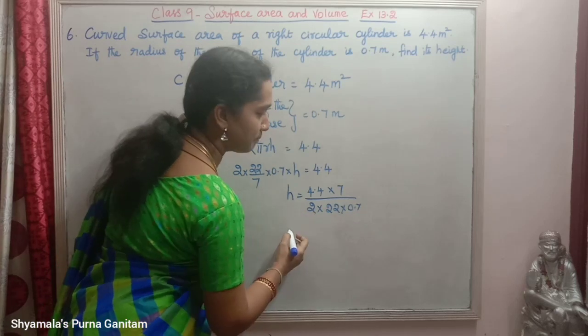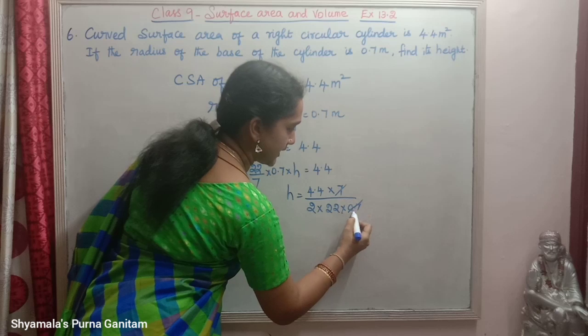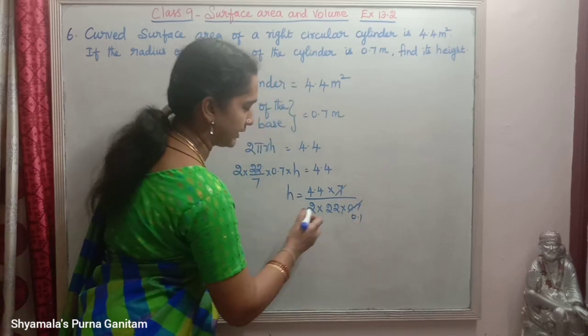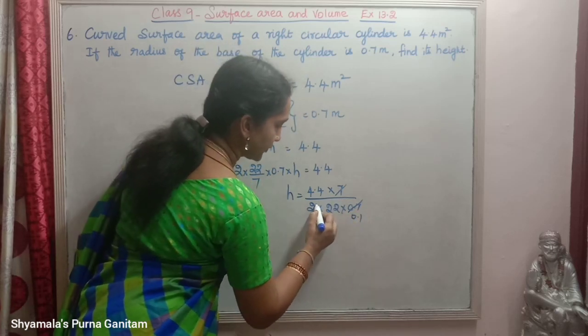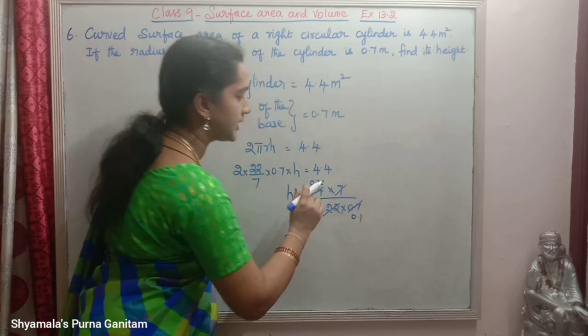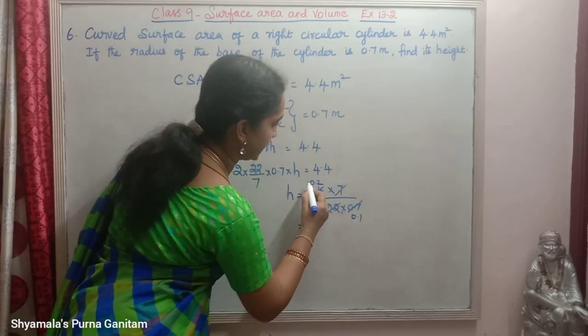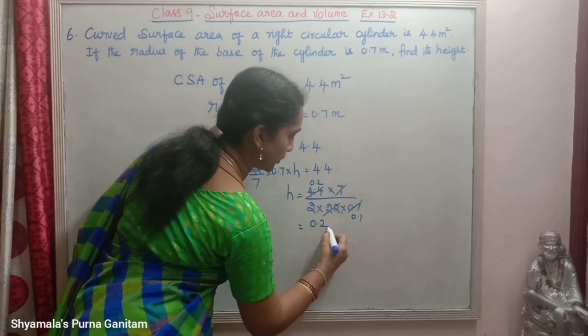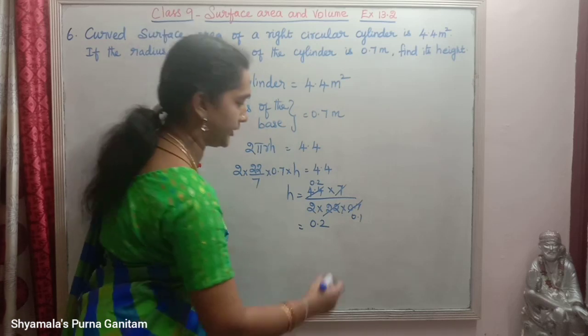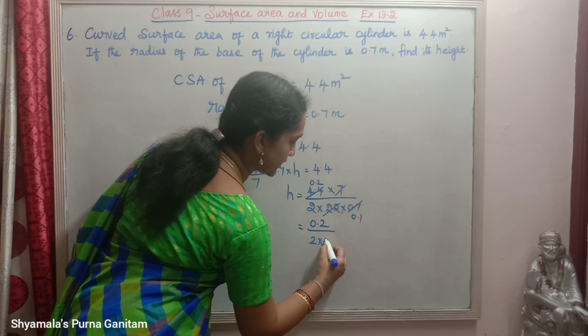So when we simplify this, 7 and 0.1 will go like that. Then 22, 2 times, that is 0.2 times, will be 4.4. So the numerator will have 0.2 and in the denominator we have 2 into 0.1.